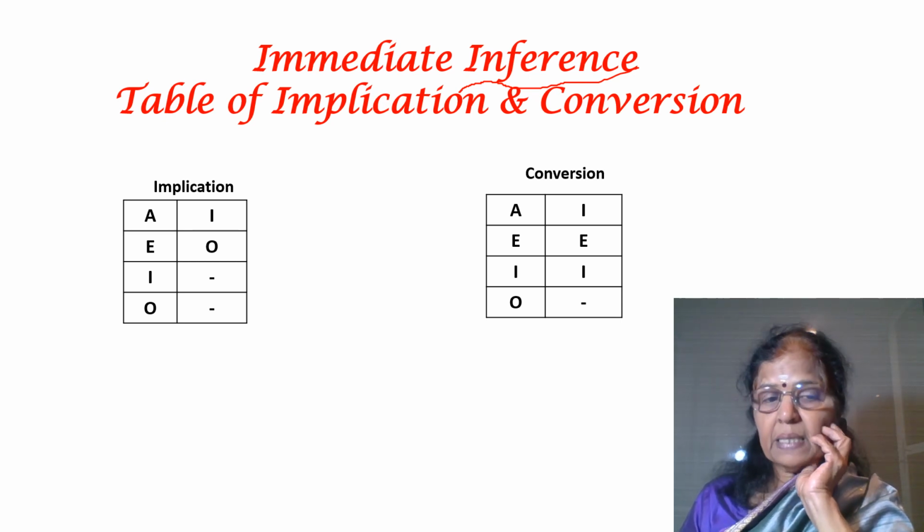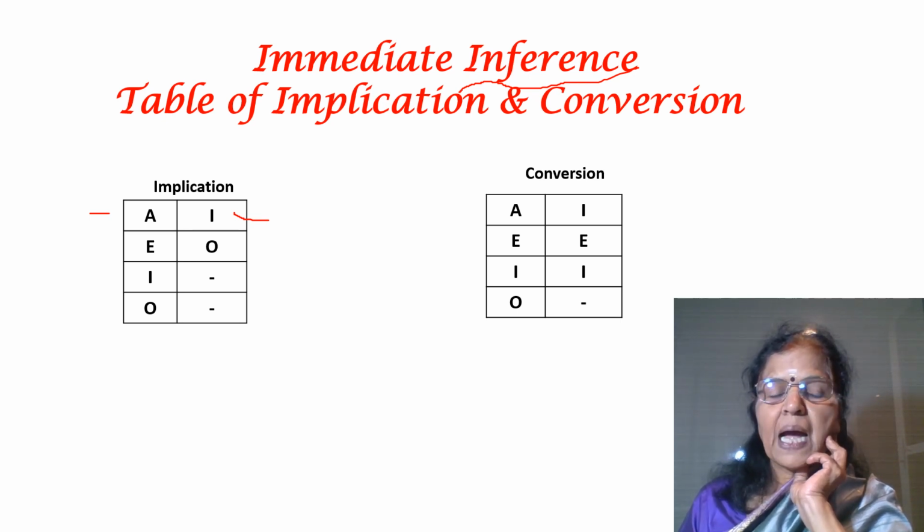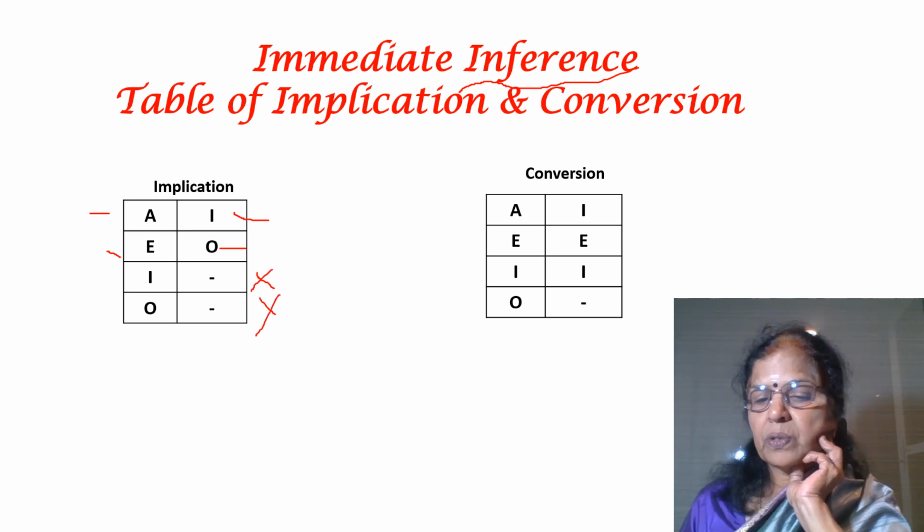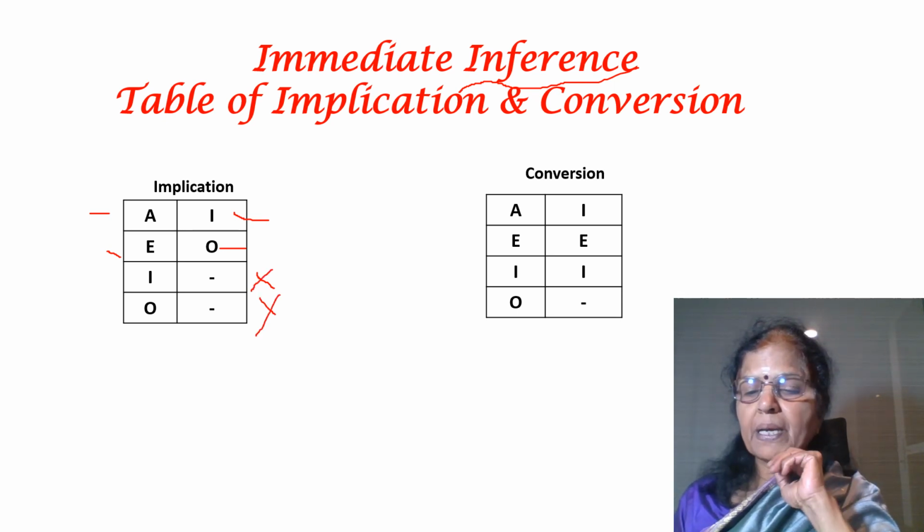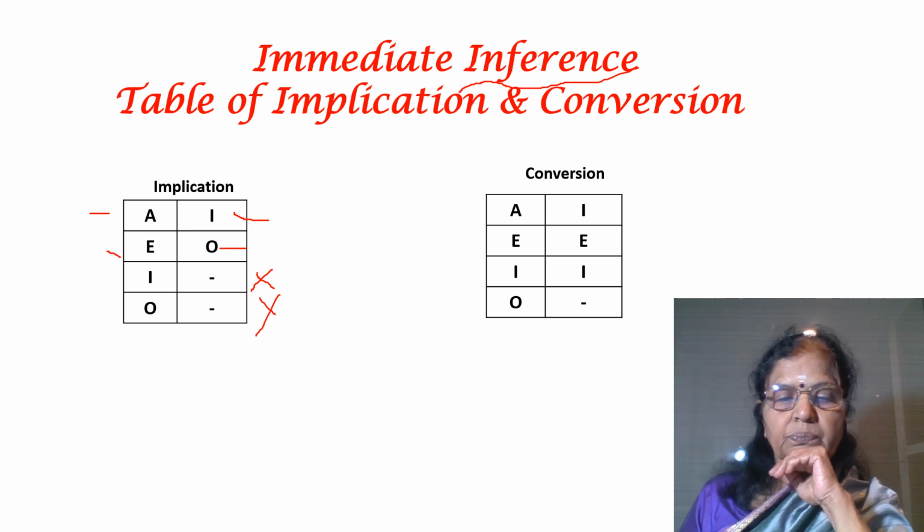And for the immediate implication, if an A type statement is given, you can imply I type statement. A to I is possible, and E to O type is possible, valid, but I not valid, and O you cannot imply anything. From O type of statements, no implication can be found.